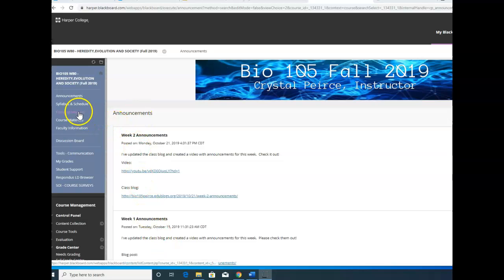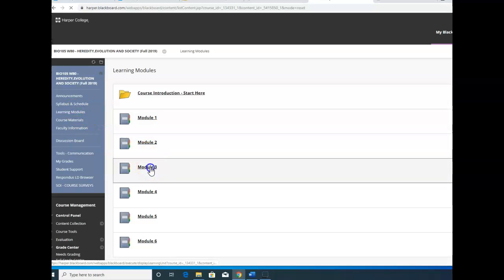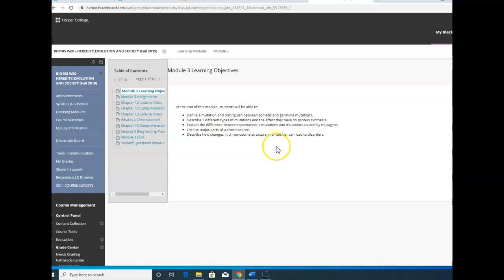So this week in our learning modules, we're in learning module number 3, and we are learning about chapters 12 and 13. Chapter 12 is all about DNA and mutations, and chapter 13 is all about chromosomes.